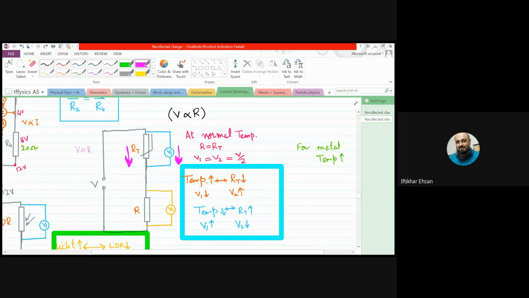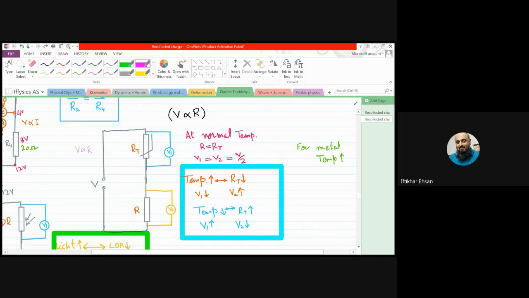Initially they were equal to each other. When RT decreases, the other one is fixed, it did not change, so it now becomes larger and its reading increases.